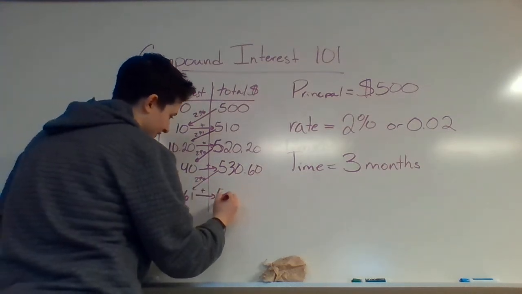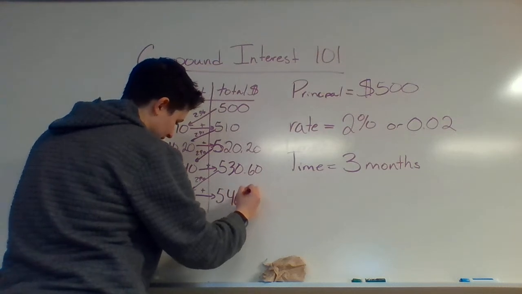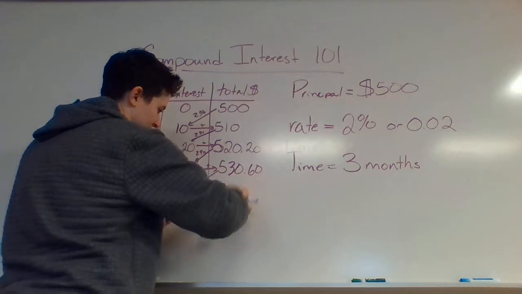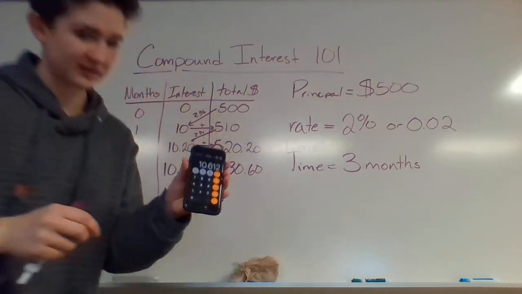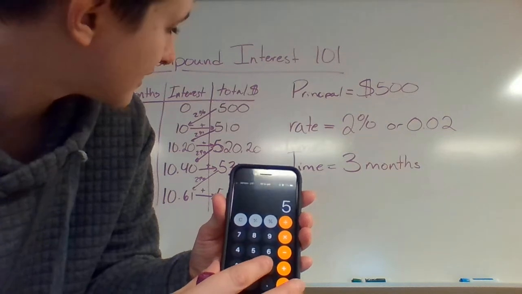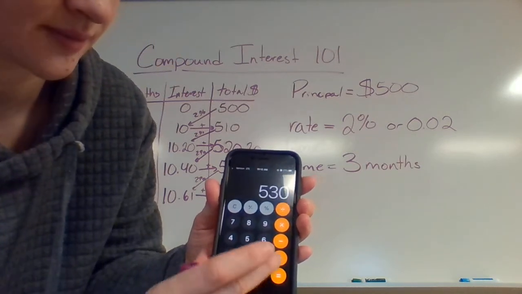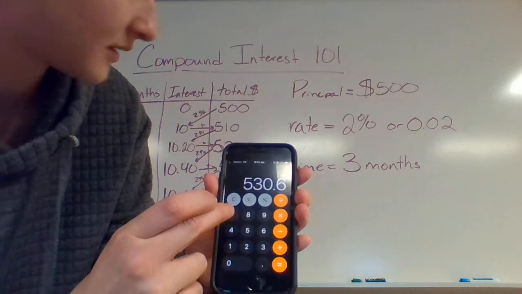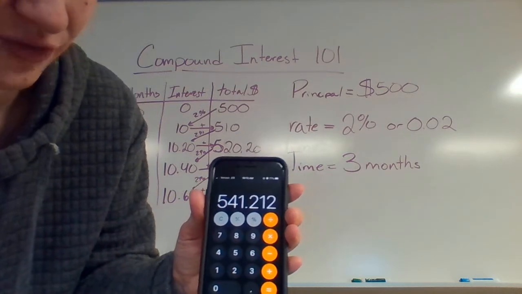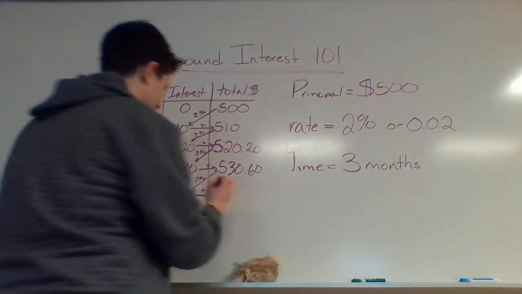If I take this amount here and I add it to 530.60, I now have $541.21.